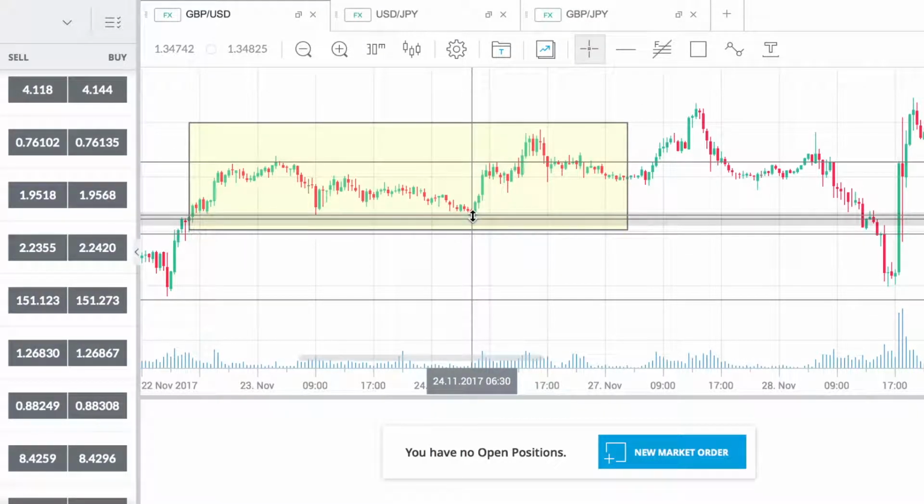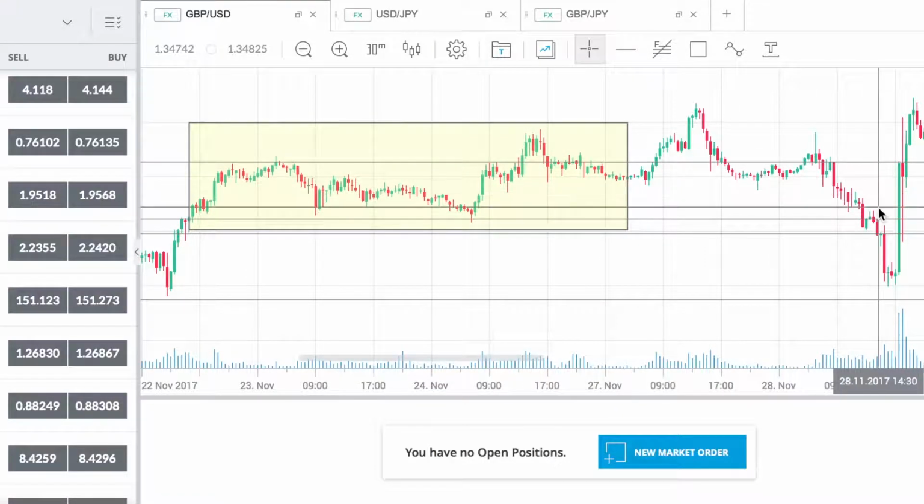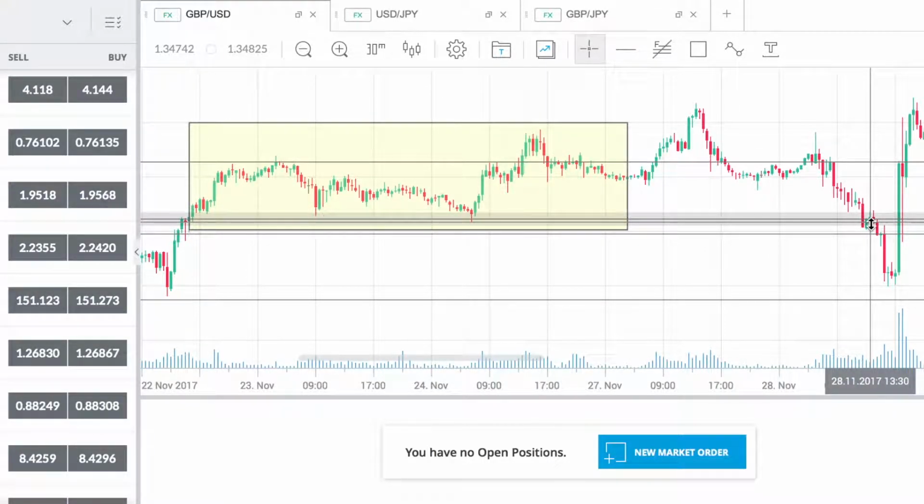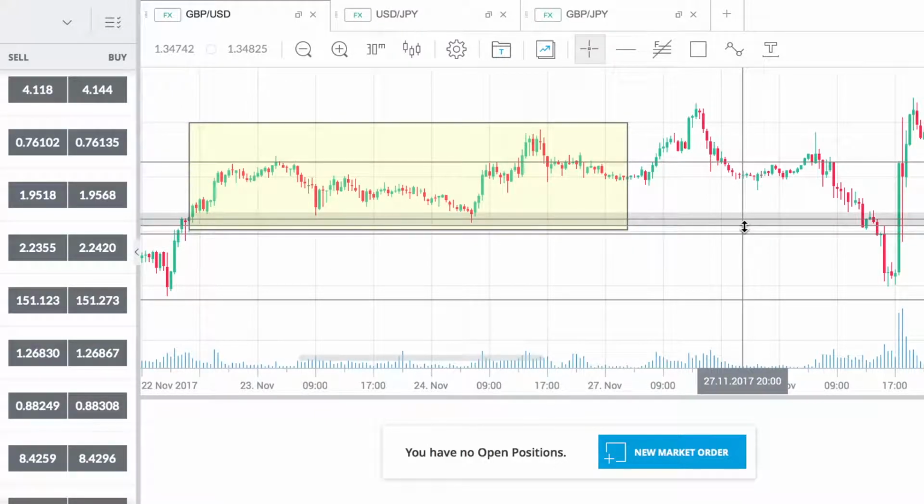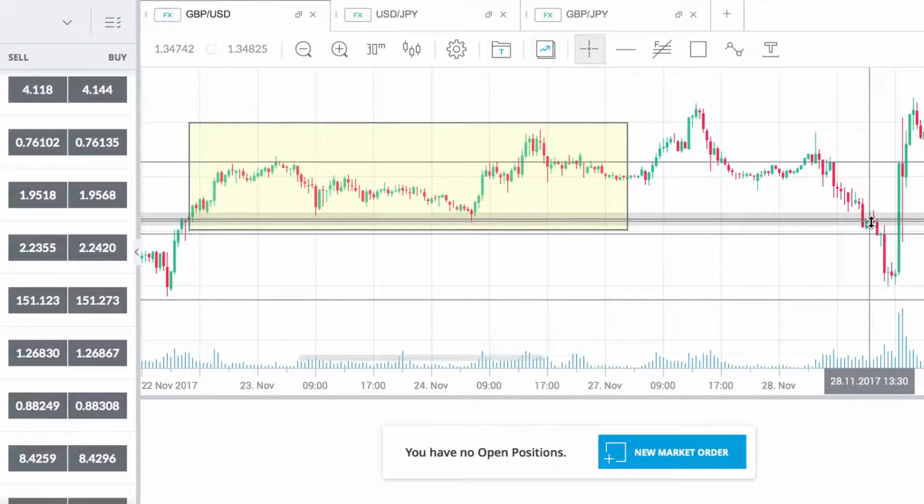It took from the 6:30 in the morning on the 24th to the 1:30 on the 28th, which is a weekend and a few days. Obviously, you don't trade weekends, so a few days of trading, but it did fall below the lows.